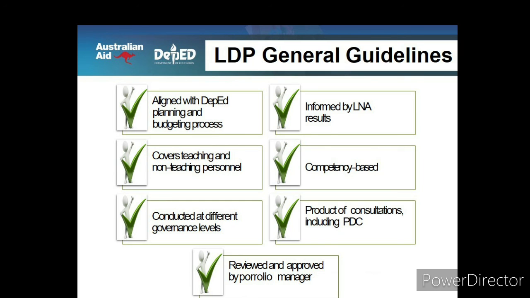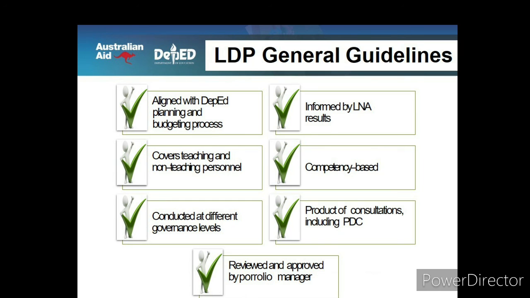Fourth, it has to be informed by the learning needs assessment results. And the fifth, it has to be competency based. And the sixth, a product of consultations including the PDC.